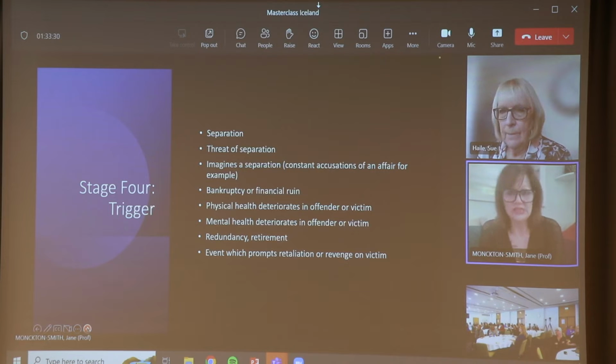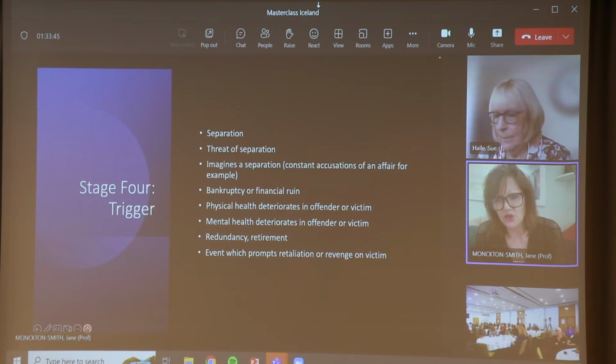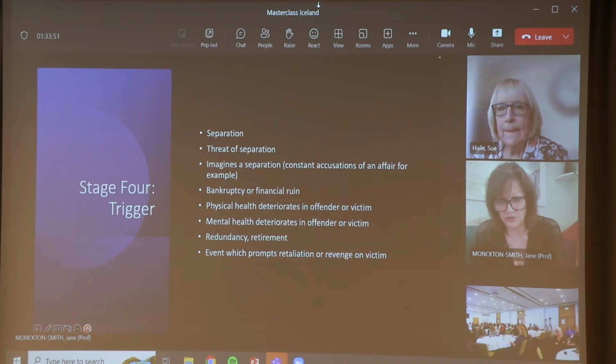Right, so the trigger stage, separation, I've talked about bankruptcy and financial ruin. So we're talking about life changes here, big relationship changes. So we also found in some cases physical health deterioration in the offender or the victim, or mental health deterioration in the offender or the victim can be a trigger for things to escalate.